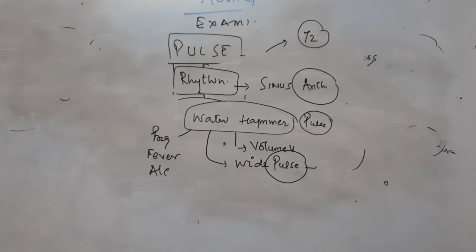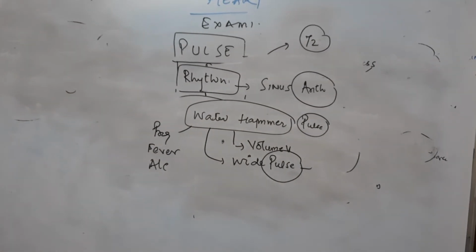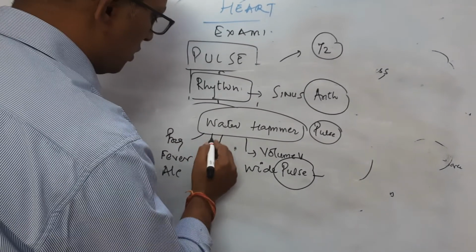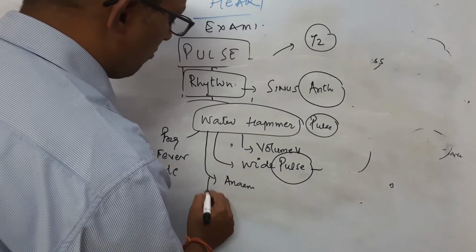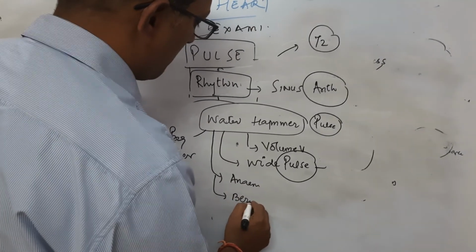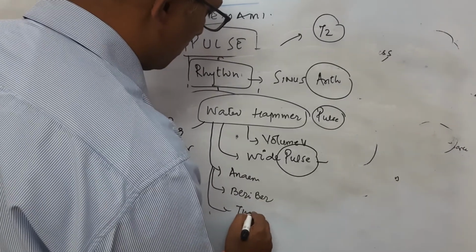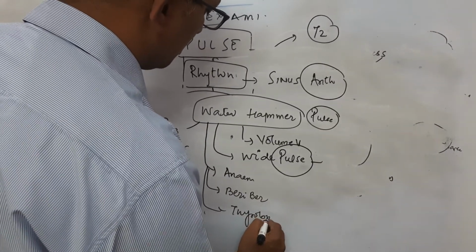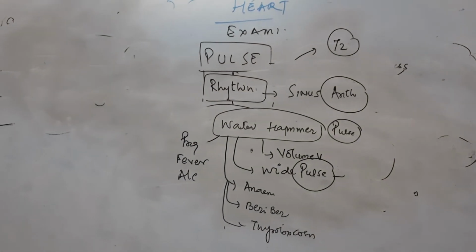Then there are other reasons where high output states you'll find: anemia, beriberi, thyrotoxicosis.